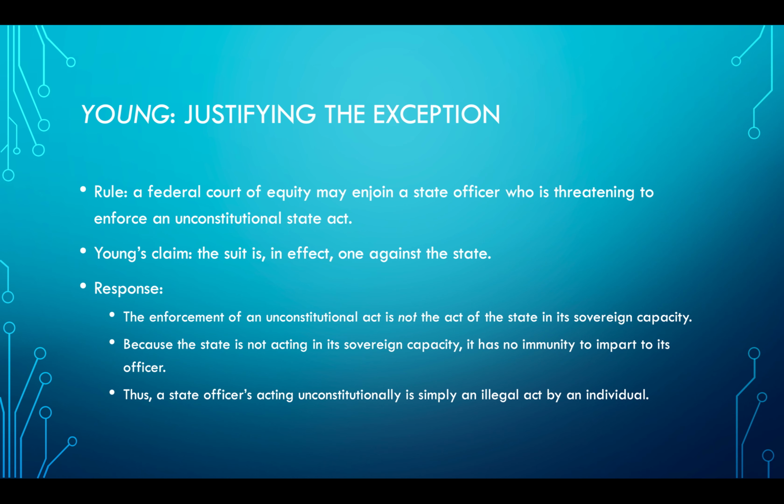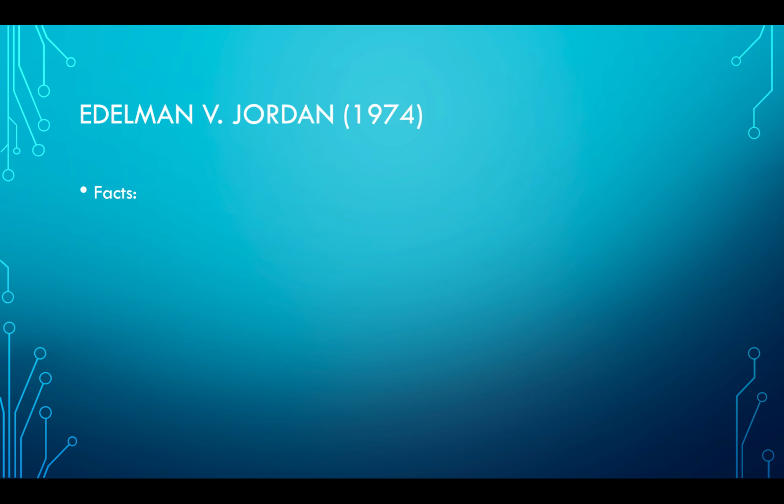So the general rule: no suits by private individuals against states in federal court. The exception: you can sue a state officer for injunctive relief in federal court, but now we're going to have exceptions to the exception. So let's look at the first case we have, Edelman versus Jordan.